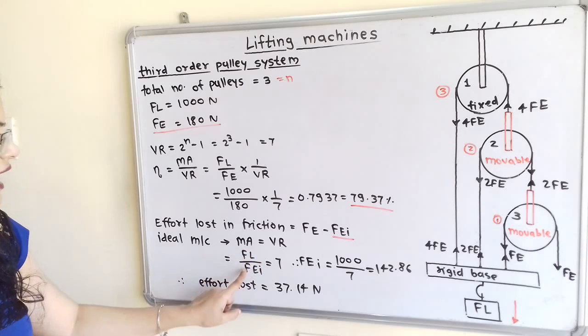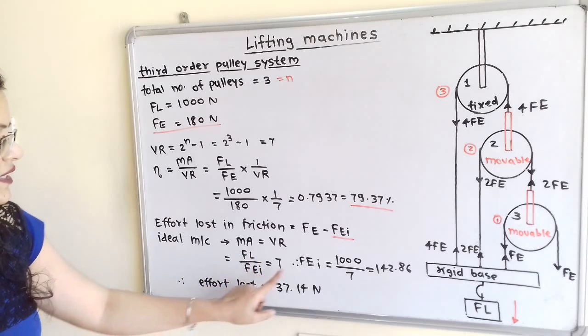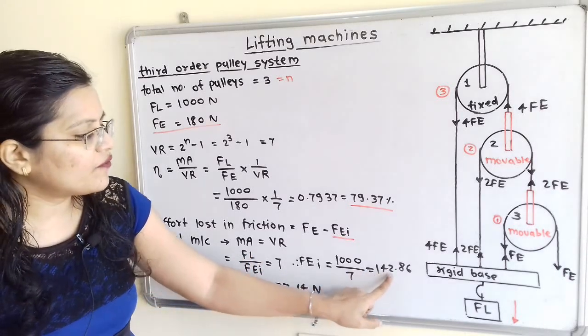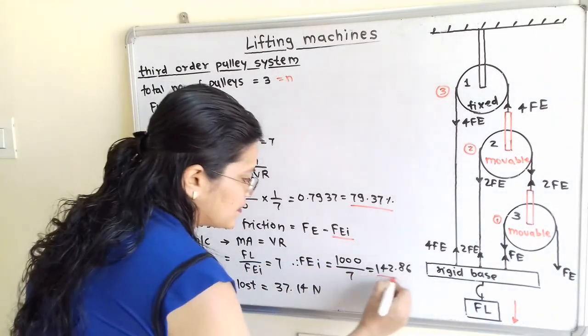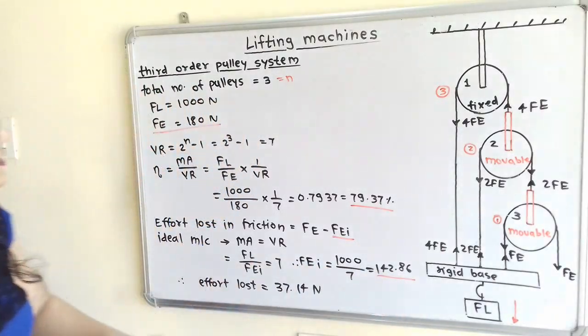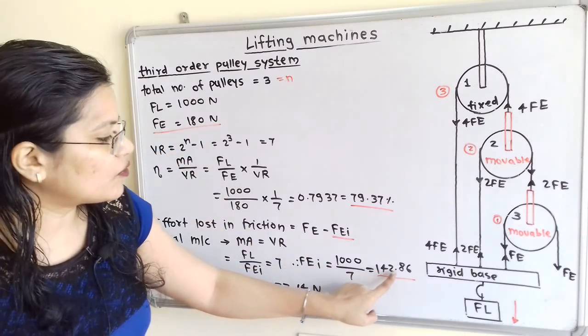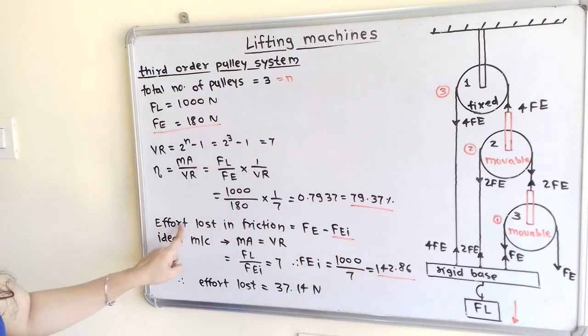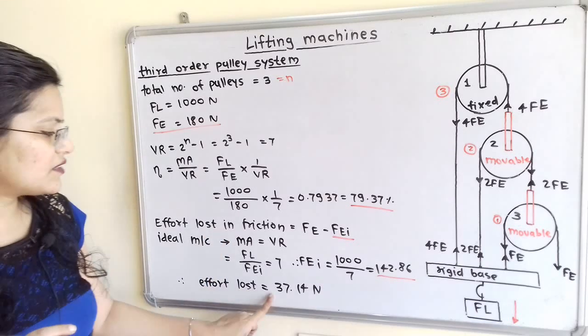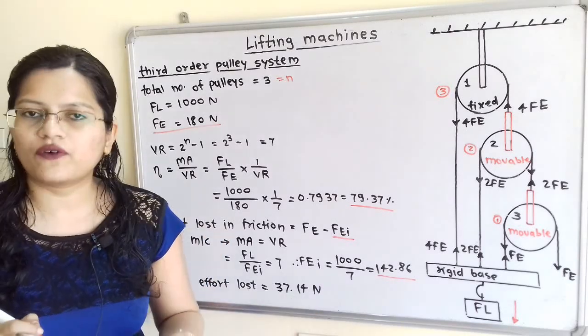When we put in the values, we get FEI equal to 142.86. So when we take the difference, 180 minus 142.86, we get the answer. Effort lost in friction is 37.14 Newton.